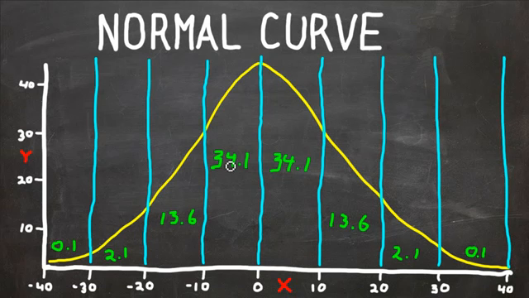That's 68.2% of people within that average. And then even if we add the other two, that's bringing us pretty close to 100% already. Forget about everyone else. That's just the long tail of it.